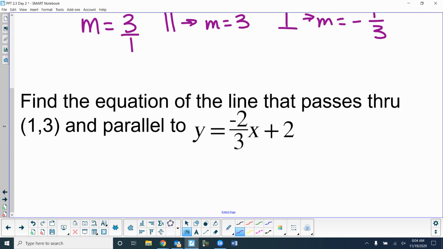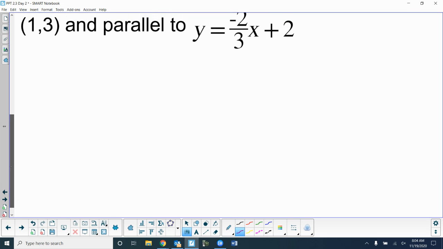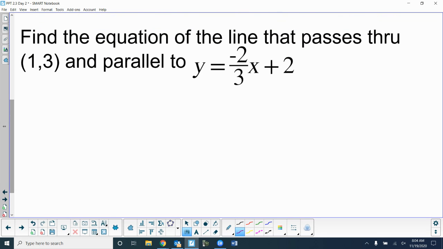All right, so since this is parallel, now we can do point slope form like last night. I'll show you both ways. Or you can do it the slope intercept way. If we do the point slope way, we're going to go y minus the y equals, what's my m going to be if it's parallel to this line? -2/3, yeah.